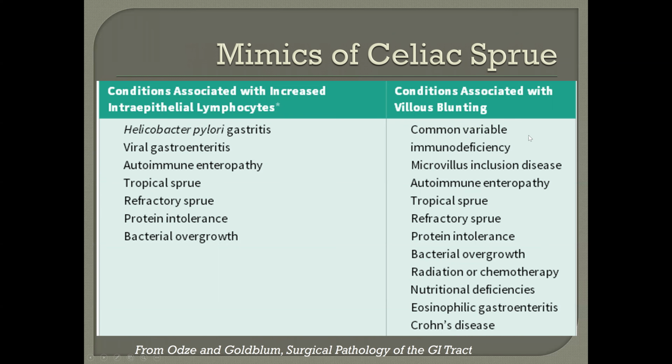Things that can give you blunting: common variable immunodeficiency, microvillus inclusion disease, autoimmune, tropical sprue, which in some circumstances is similar to refractory sprue, bacterial overgrowth, which may be related, radiation, chemotherapy, and eosinophilic gastroenteritis and Crohn's disease can also occasionally lead to blunting. Several things can be associated with intraepithelial lymphocytosis: lymphocytic enteropathy, autoimmune, tropical sprue, and Helicobacter, viral gastritis, and so forth.